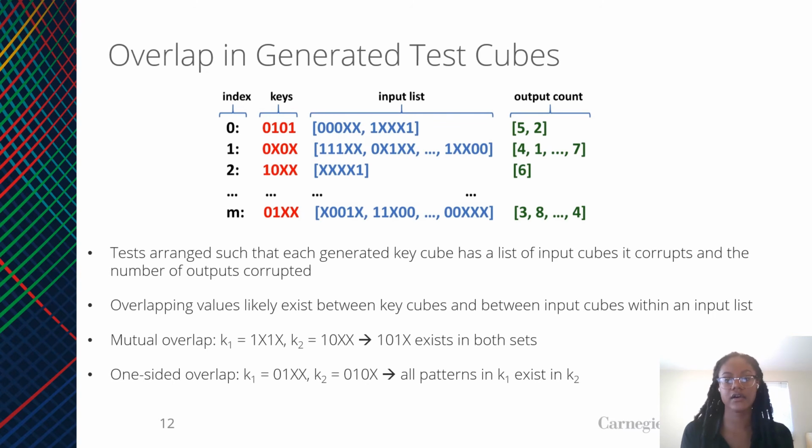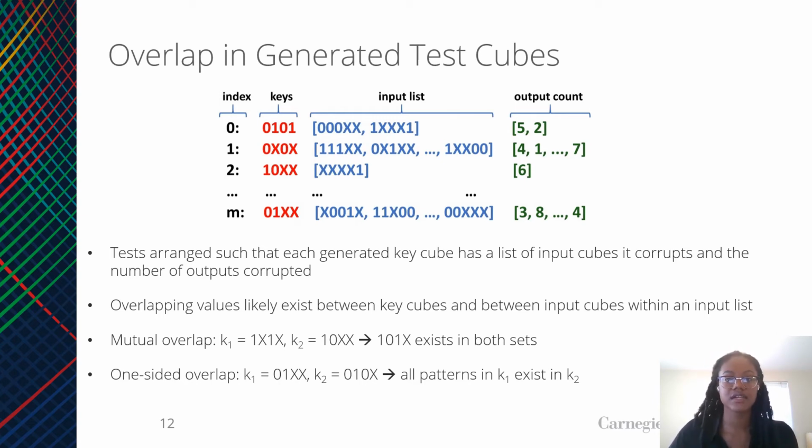After running N-detect on all relevant faults in a netlist, the resulting tests are arranged so that each key cube generated is associated with the input cube that it corrupts. This means that if a key cube is generated only once, then it will only have one input cube in its input list. However, if it was generated 5 times, it will have 5 inputs in its input list. Additionally, associated with each key and input pair is the number of corrupted outputs.